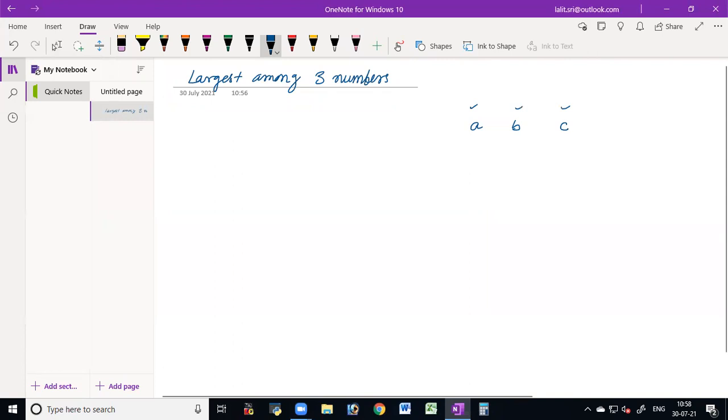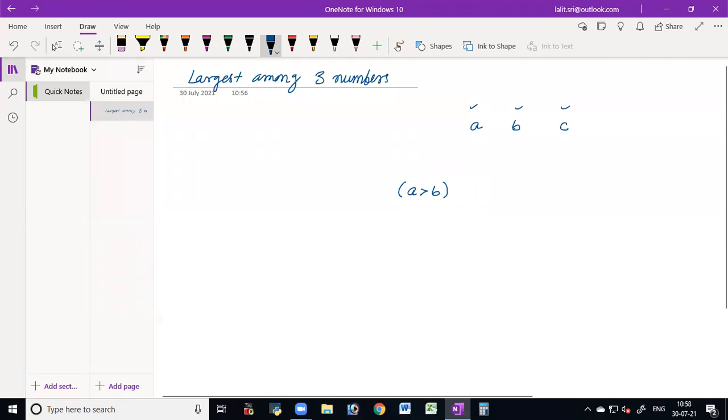Suppose three numbers are A, B and C. You have to check whether A is greatest, B is greatest or C is greatest. Suppose these three are distinct numbers, no similar numbers are there. If I write A greater than B, it is one condition for checking A is greater than B or not.